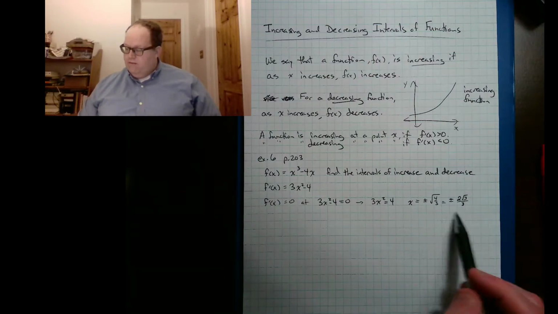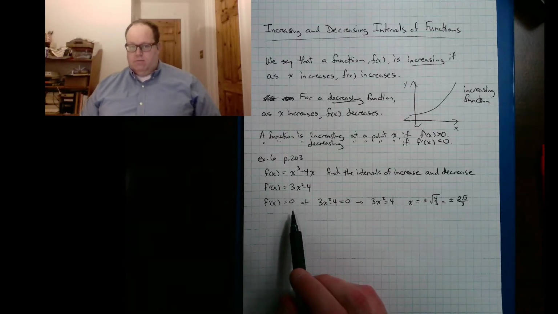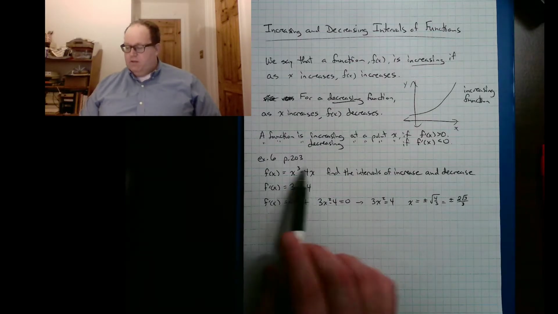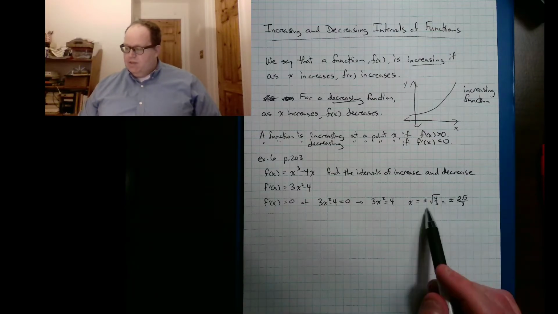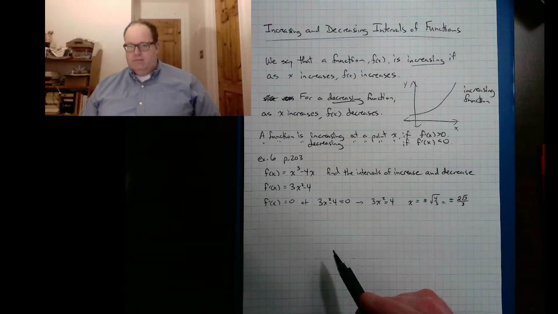So these are the values of x that make the derivative equal to 0. Since my function is a polynomial and continuous everywhere, that means these are the only places where the derivative can change sign.